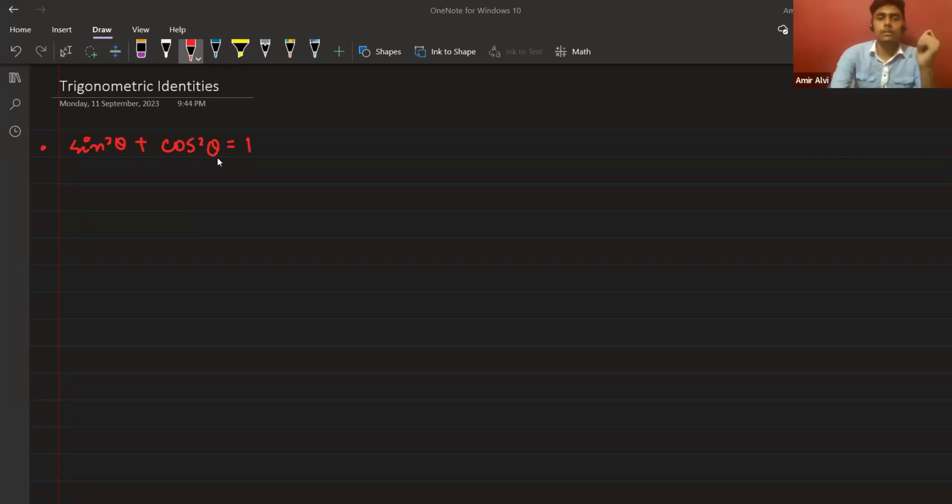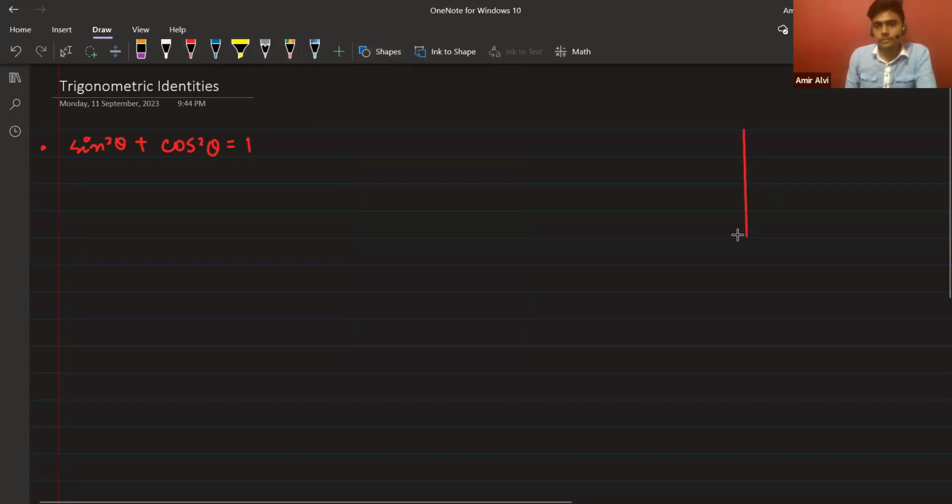I'm going to prove this first identity, and then after that you will get an understanding of how to prove the other identities, if you understand this concept.